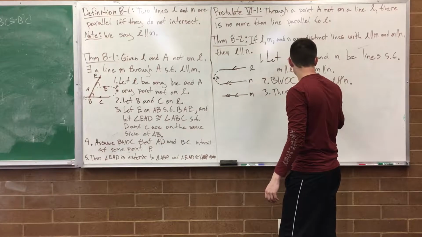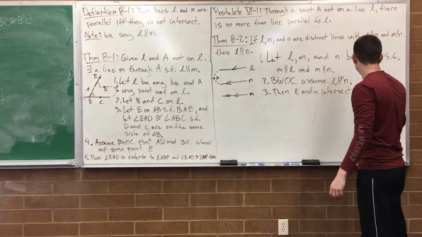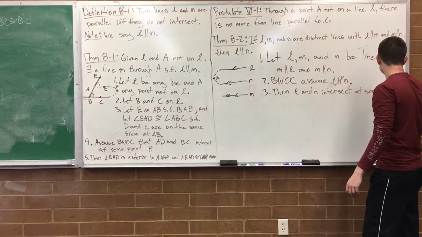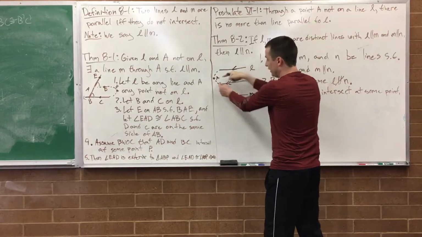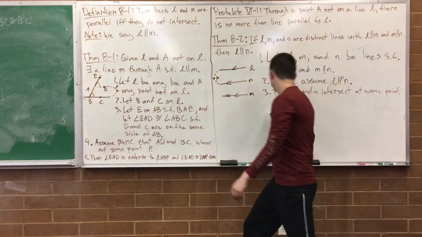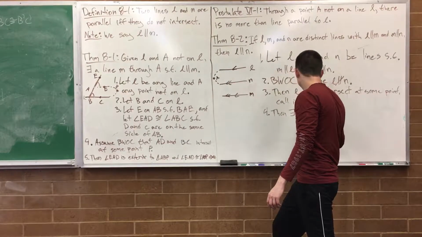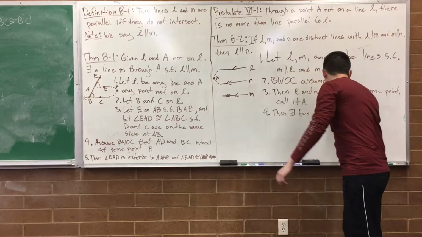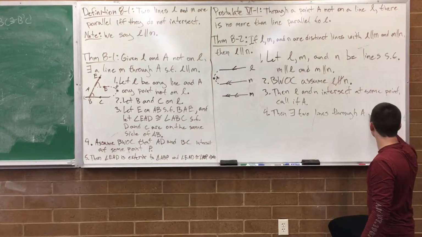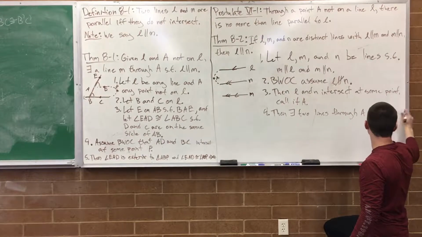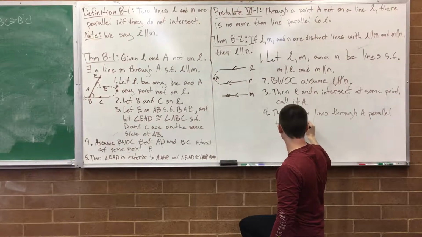3. Then L and N intersect at some point, call it A. So they have to intersect somewhere. 4. Then there exist two lines through A parallel to M. Contradiction.